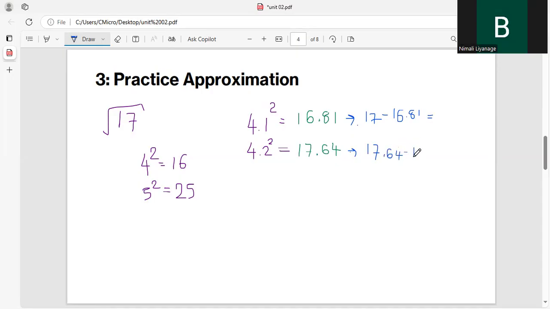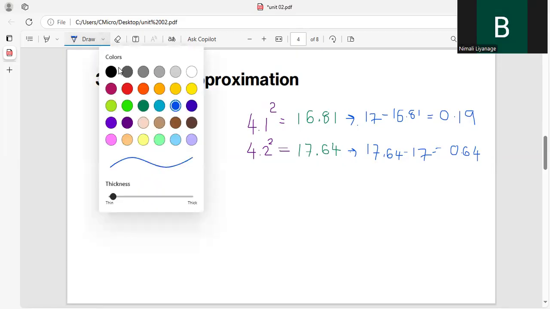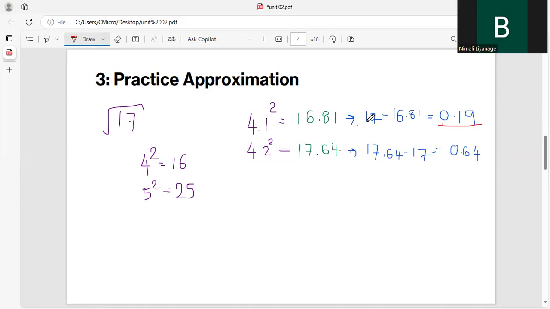So the difference is 0.64 for one, and 0.19 for the other. So what is the closer one? The smaller difference gives the closer one, which is 16.81.